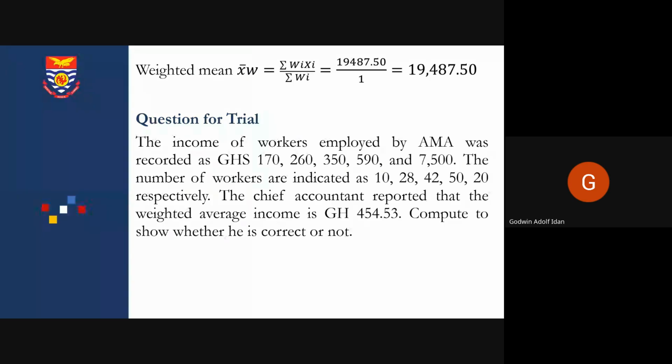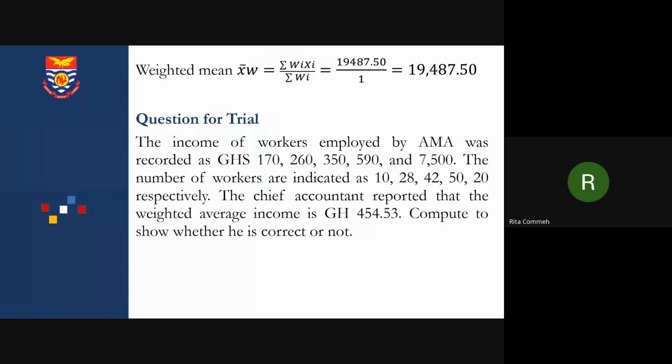Right, I'm giving you 5 minutes to try this one, and then we go ahead. The income of workers employed by the company, the number of workers are indicated, as recorded by the chief accountant.